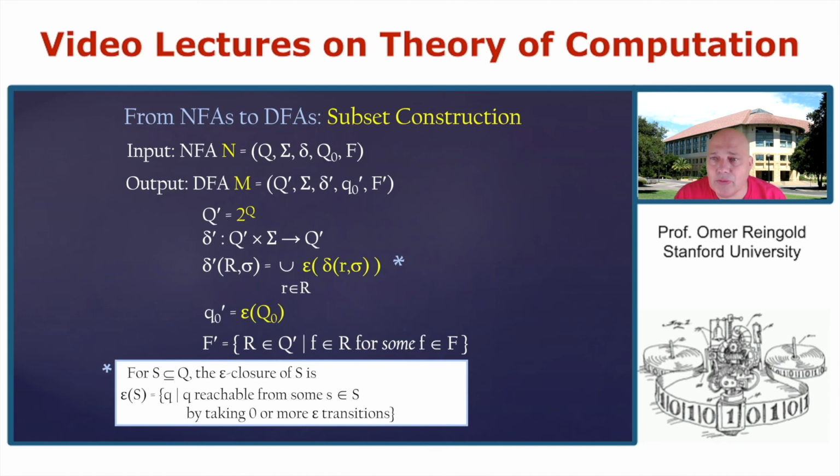What we've done is monitor all the states we can reach, and if one of them is accept, then this means that we can accept, because there is a path to an accept state. So that's the construction, the subset construction, and what we'll do in the remainder of this video is give you an example of applying it, and that's something you should be able to do by yourself.